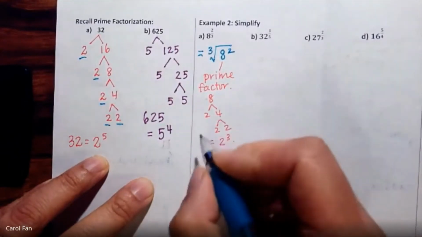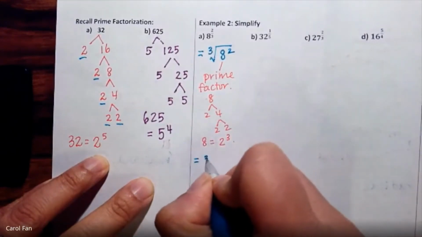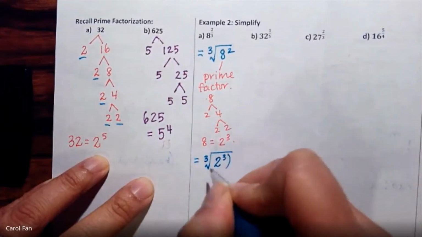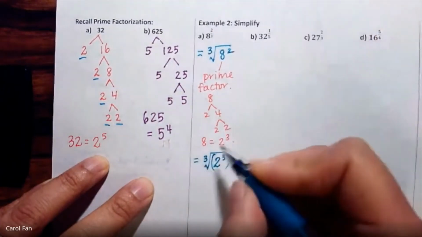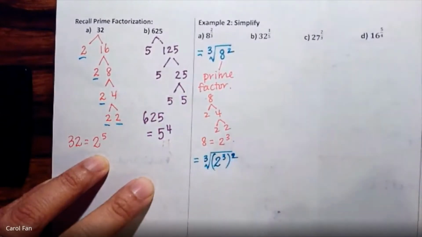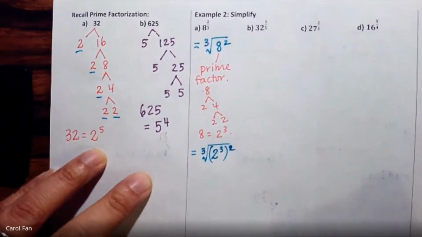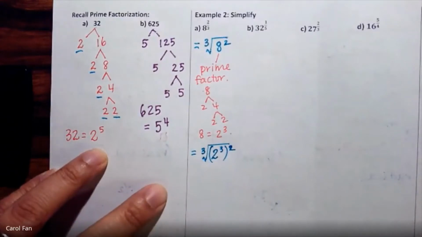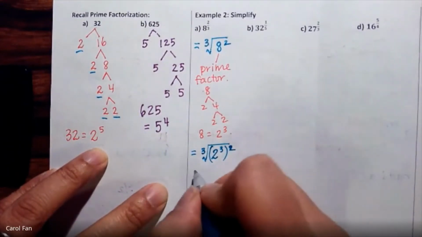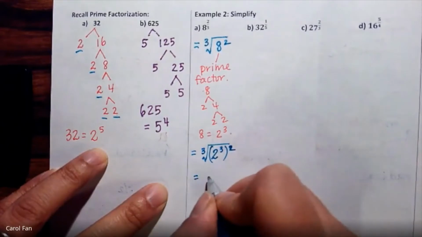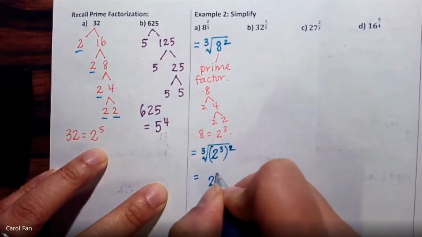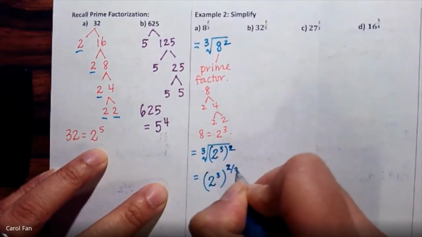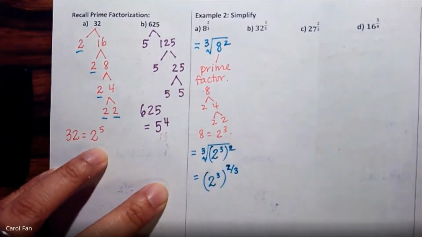Now, let's rewrite that. I have the cube root of 2 to the power of 3, and that was from the 8. And I still have the exponent 2. Now, let me rewrite this in power form again. So if I write this in power form, I have 2 to the power of 3, all to 2/3.